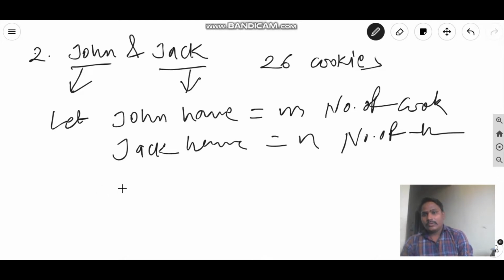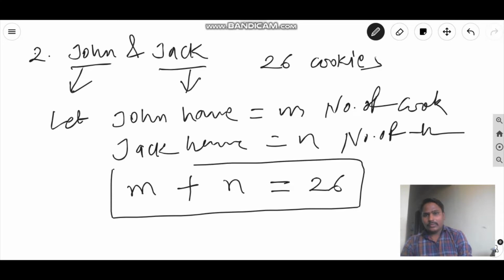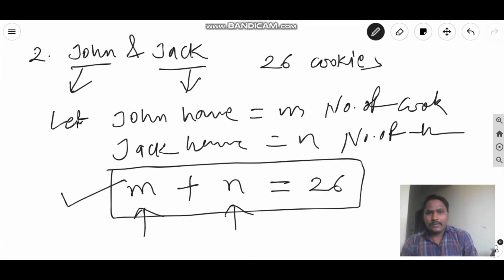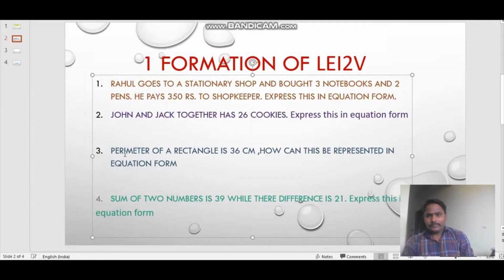So cookies with John are m. Then we add the cookies with Jack, and that is n, and together it is 26. Again here if you observe, there are two different variables, that are m and n. So therefore this is expressed in equation form.